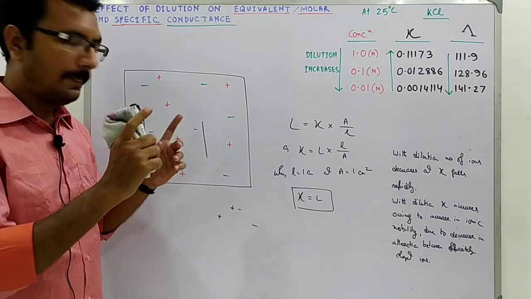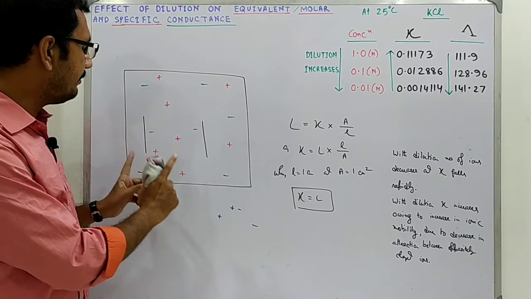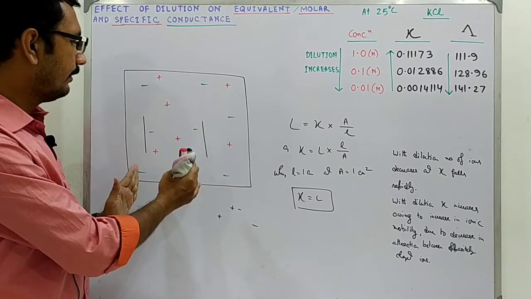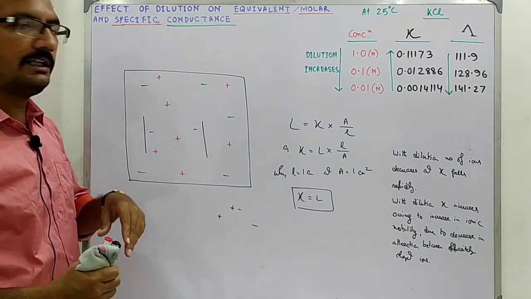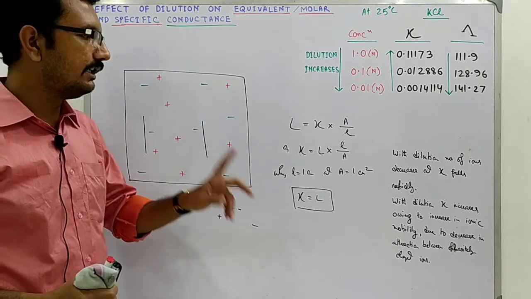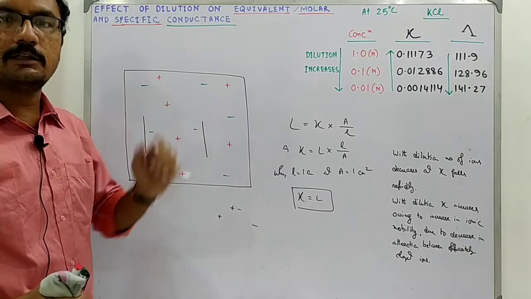So, you have to guarantee that 1 gram equivalent electrolyte must remain present between the two electrodes. The entire solution must remain present within the two electrodes, and it must contain 1 gram equivalent electrolyte. So, that is the definition.